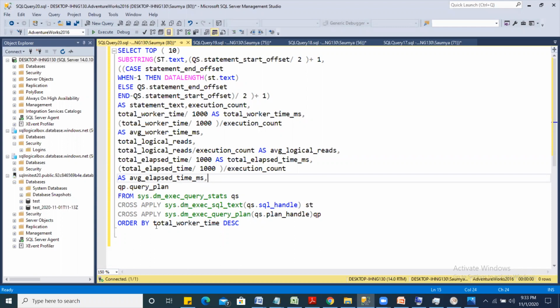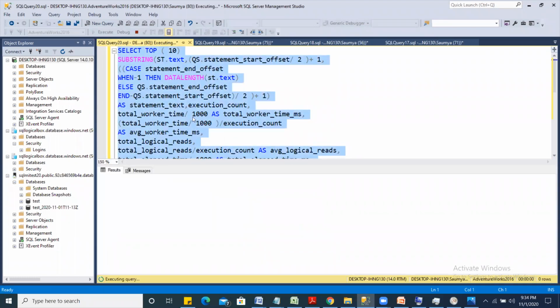It does not include the parse time, compile time, and plan generation time of that query. The time taken for the parsing, compilation, and optimization of that query will not be included under the worker time, right? Worker time denotes your core execution time, that when a thread was assigned to, or the query was assigned to the worker, after that, how much time it took, right? So let us execute this and try to find it out.